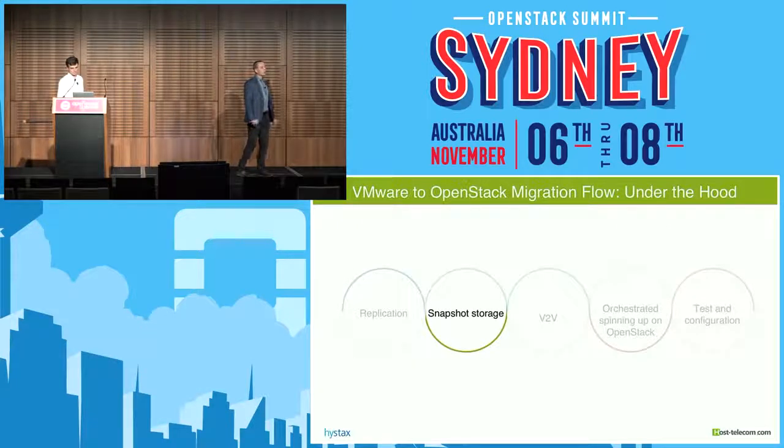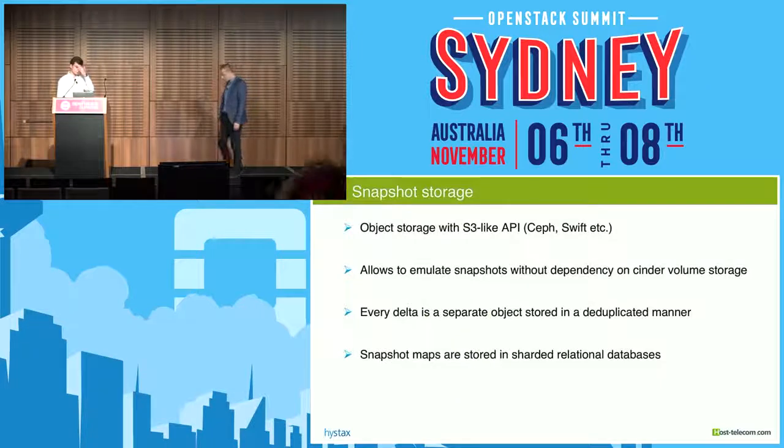Okay, so a couple of words about snapshotting and how we store snapshots. To store snapshots, we use object storage with an S3-like API. It can be Ceph, it can be Swift. In our case, it was the Ceph Luminous version.